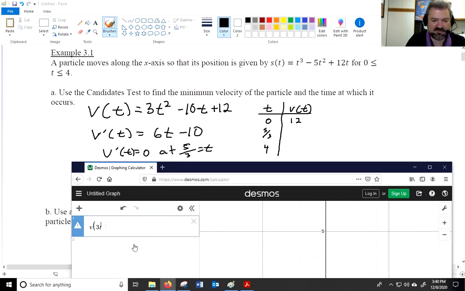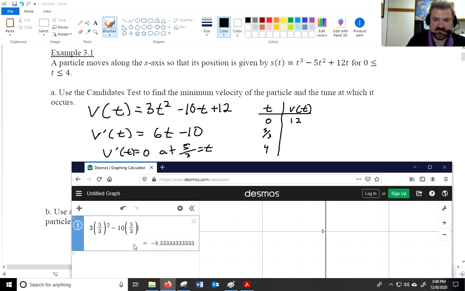The important thing to remember is that you need to be able to take a numeric derivative, take a numeric integration, and find an intersection point between two curves or the zeros graphically. Those are the things that every calculus student has to be able to do with a calculator.